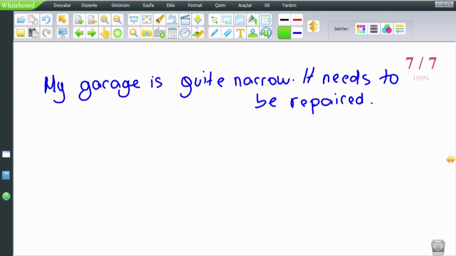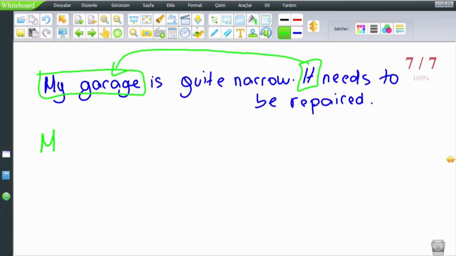Let's have a look at this one. Again, the first thing we are going to do is to find the common figure of speech in these two sentences. And in this particular example, as you can see, it is my garage. In the second sentence, the subject it refers to my garage in the first sentence. So again, I will start with the subject of the first sentence.